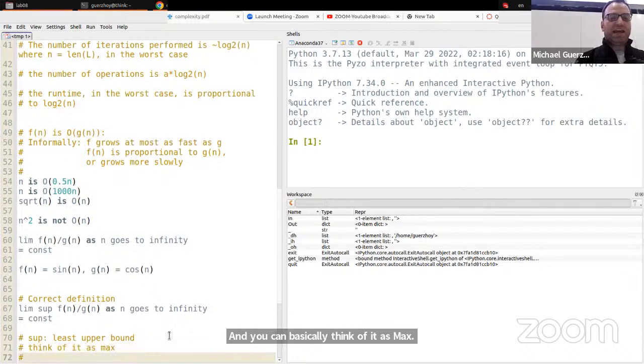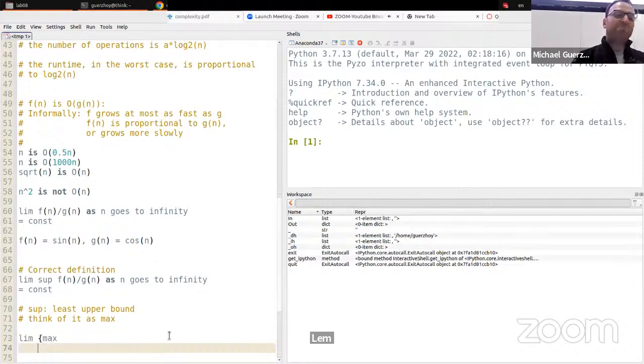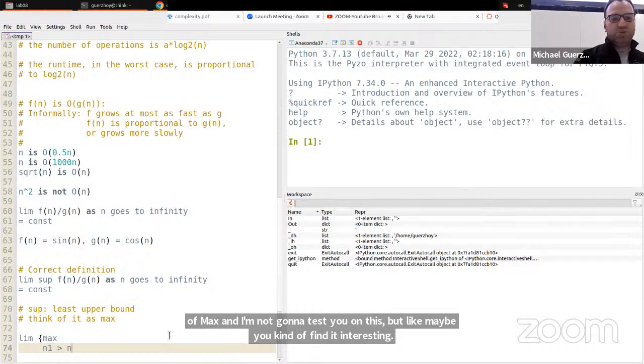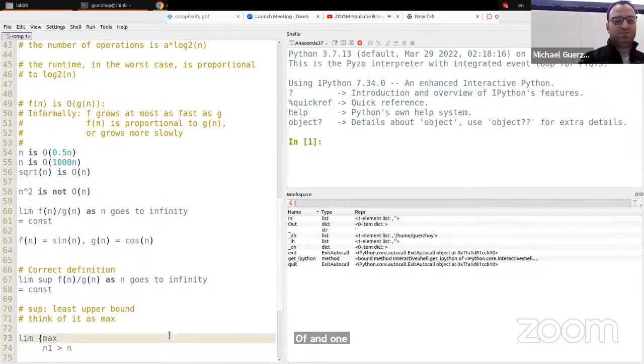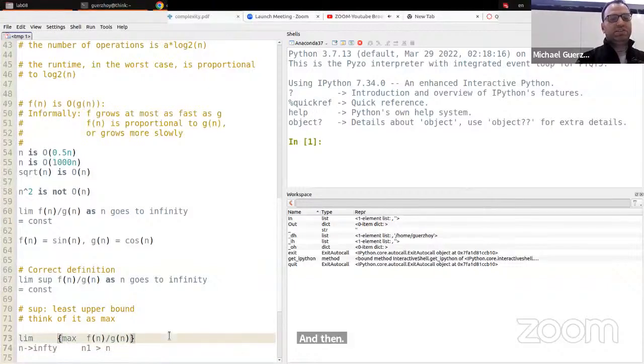So basically we're saying the limit of the max, and I'm not going to test you on this, but maybe you find it interesting, of n1 going to n, of f of n divided by g of n, where n goes to infinity.